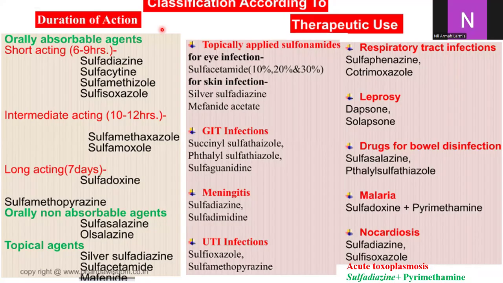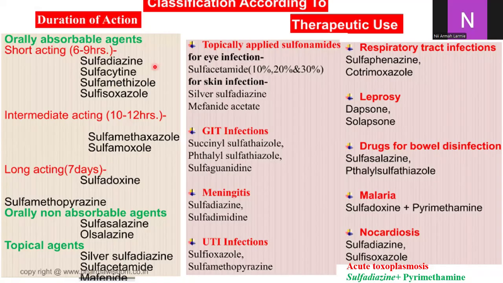First and foremost, we classify them as orally absorbable agents. Those are the agents that, when taken orally, can be absorbed. Then orally non-absorbable agents, which are the ones that taken orally are not absorbed. And then we have the topical agents, which are the ones that we put on topical surfaces, mucosal surfaces.